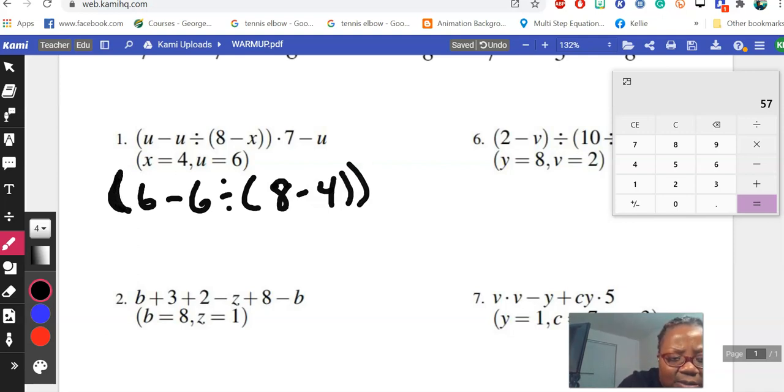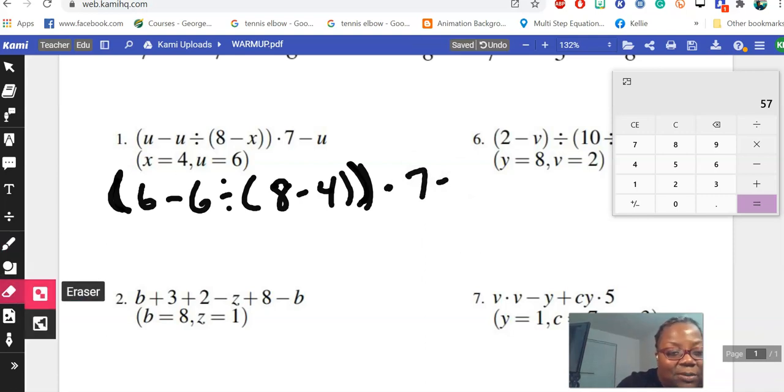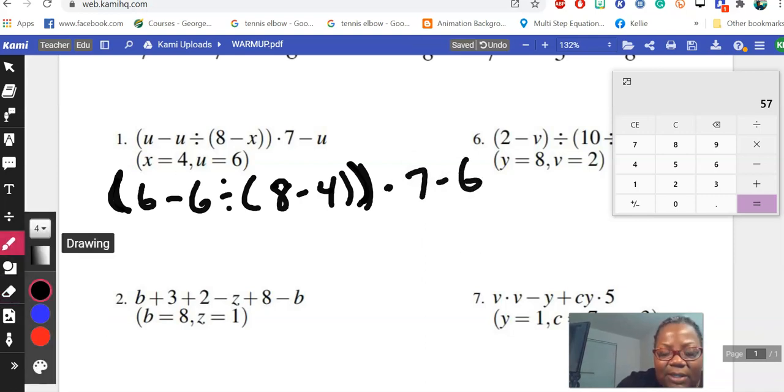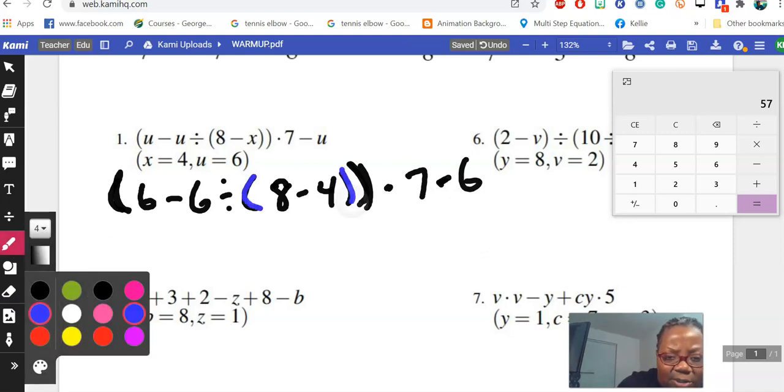You see, that's a big set of parentheses here, times 7 minus u. All right, I meant, not put the u, I'm going to put 6. So times 7 minus 6. As you can see, order of operations, we're going to start here. That's 4. All right, let's bring down everything else.